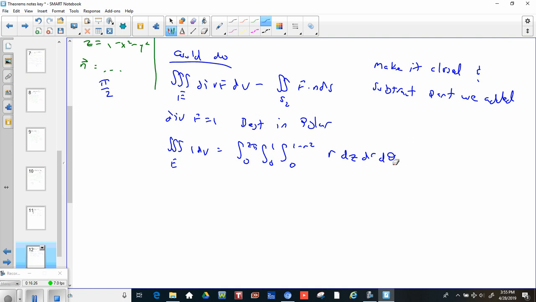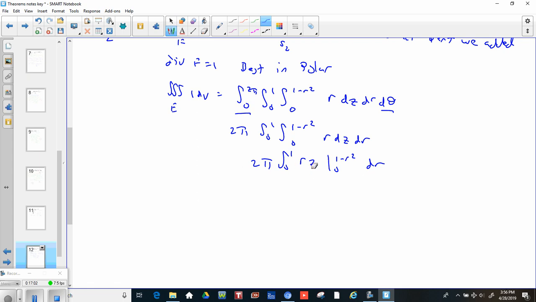All right, so there are no thetas involved right there, so that's going to be 2 pi. I do still have an r in here, and this bound right here is in terms of r, so I can't separate those. r dz dr. So we're going to do this first with respect to z, so it's going to be rz from 0 to 1 minus r squared dr. Still have my integral from 0 to 1 and 2 pi.